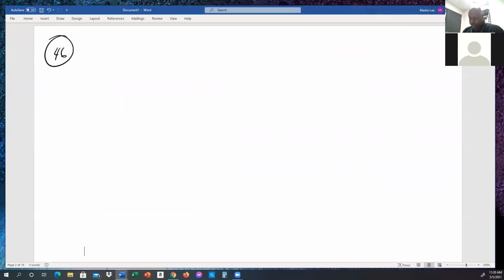Okay, number 46. We have the numbers 12, 13, 12, 13, 25, and 26. So first, rearrange these from smallest to largest. That's always your first step.